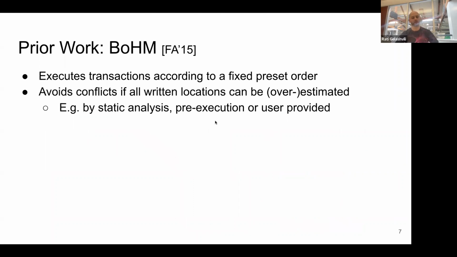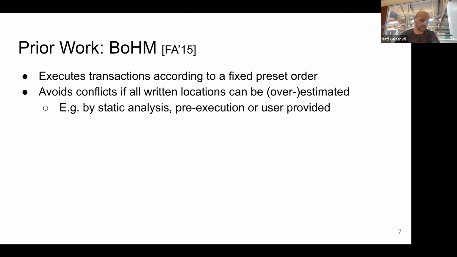There is one work that inspires this one a lot and is very related, which is from the databases community, and it's a system called BOM. Basically, this system executes transactions according to a fixed preset order.